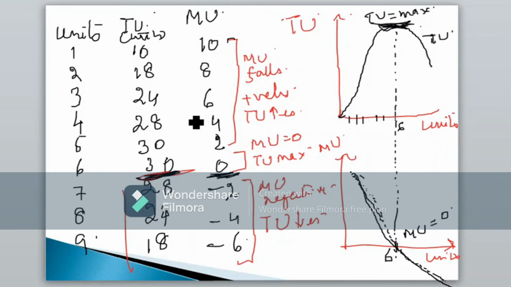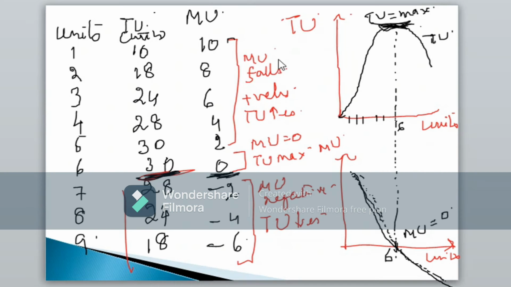Fourth point is total utility is summation of marginal utility. Just add 10 plus 8, 18, 18 plus 6, 24, 24 plus 4, 28, 28 plus 2, 30.